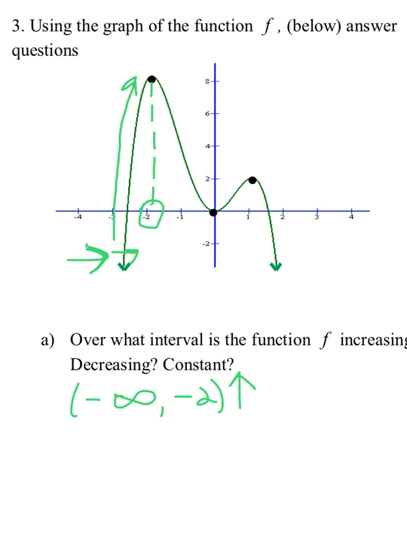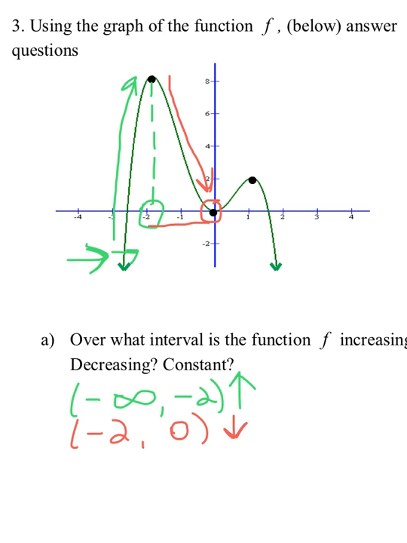Then, as we come down on the other side, between the x values of -2 and 0, our graph is decreasing. So we say between -2 and 0, the graph is decreasing.